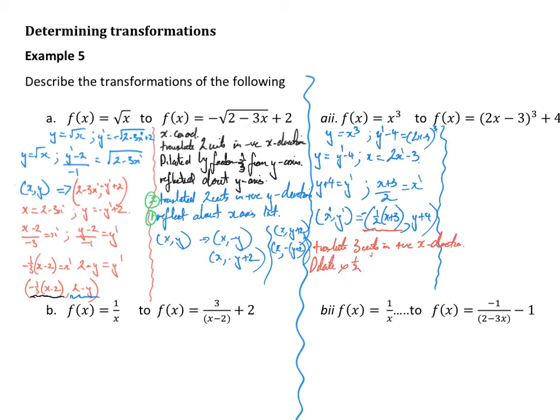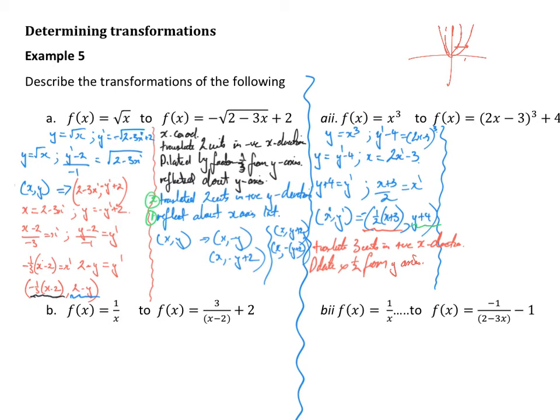Just got to think about which axis. The x value gets multiplied, so everything shrinks in, which means it's going to be a half from the y axis. And now I'll use that one there.